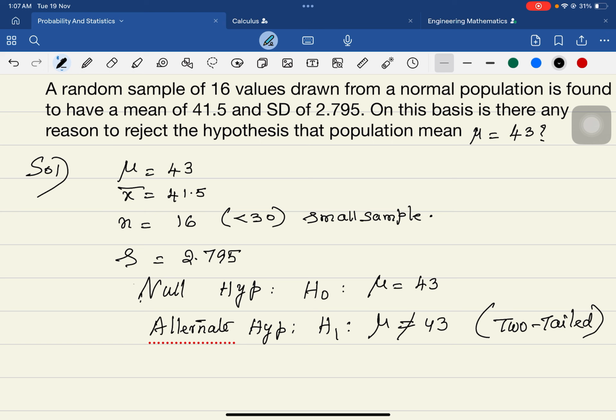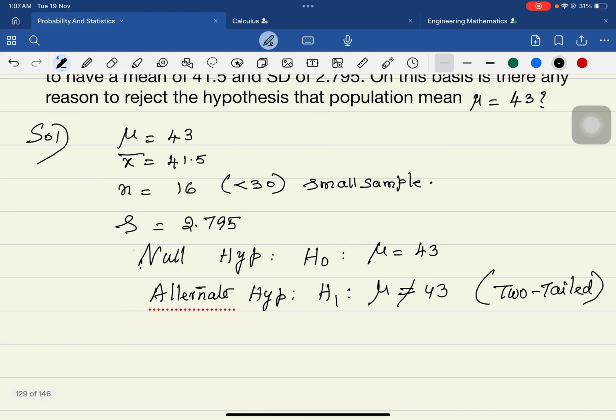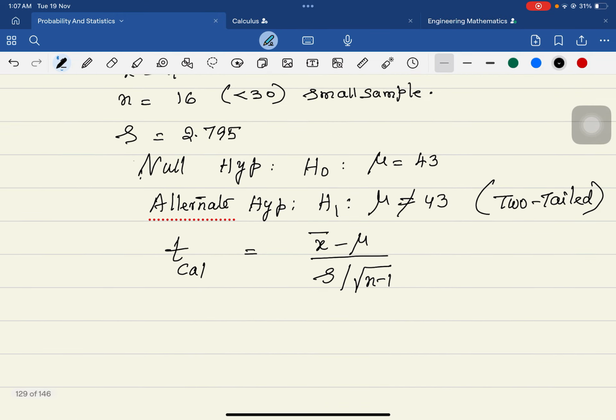It is two-tailed. Now what is the calculated value? T calculated value. Now we have to find out the calculated value of T. That is given by the formula x bar minus mu over S by square root of n minus 1, because it is the small sample.